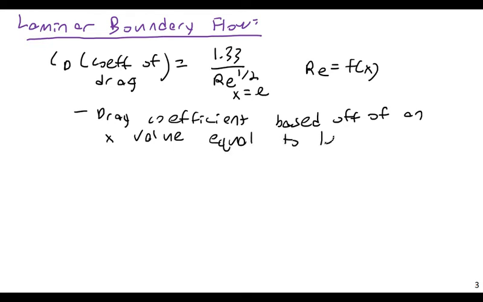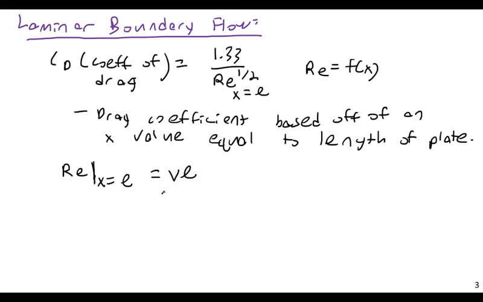And the Reynolds number here, the limit for this, in order to tell whether a particular plate should be analyzed as either laminar or turbulent, I would look at the Reynolds number where x equals L, and again, using the equation VL divided by mu.